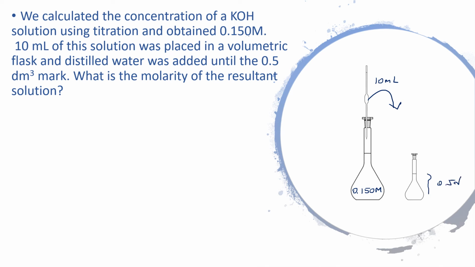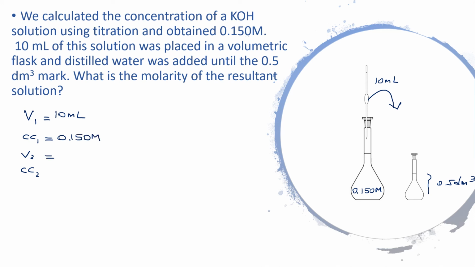And the volume at the end was 0.5 decimeters cube. Okay, so we need to do it the same as always. Volume 1, concentration 1, volume 2, concentration 2. Volume 1 is 10 milliliters. The concentration 1 is 0.150 molar.